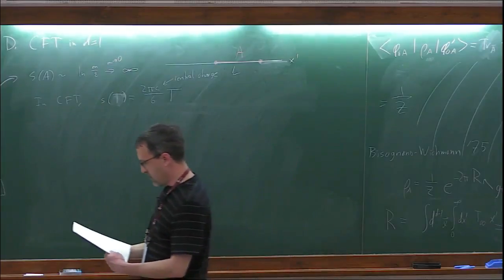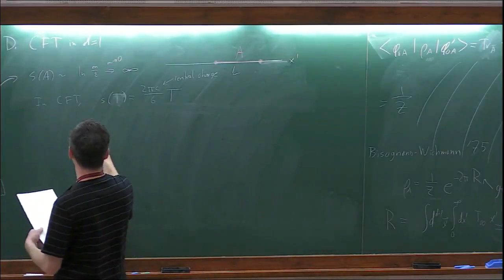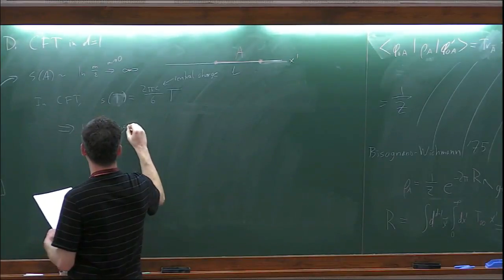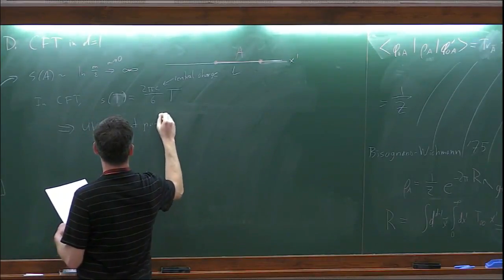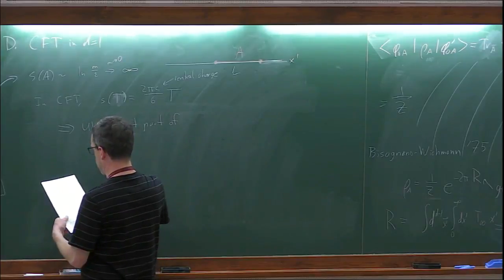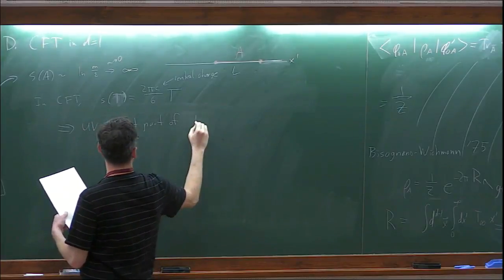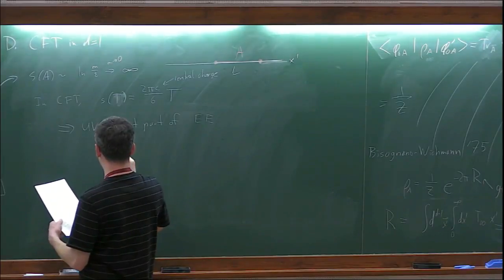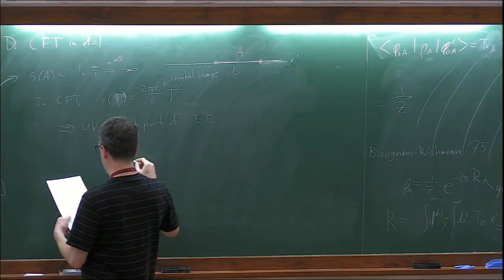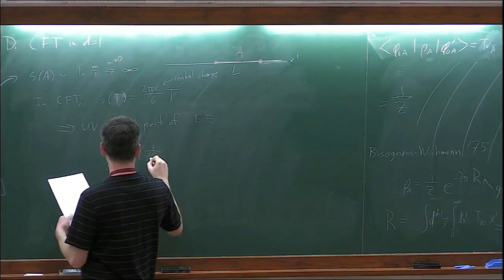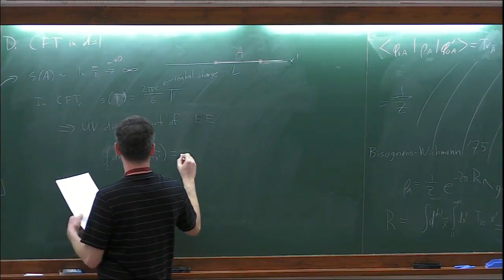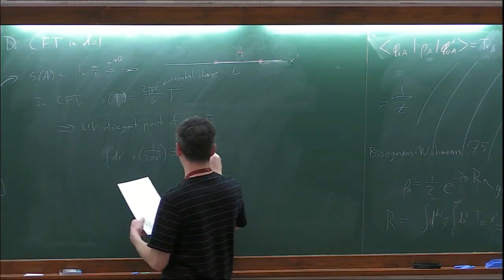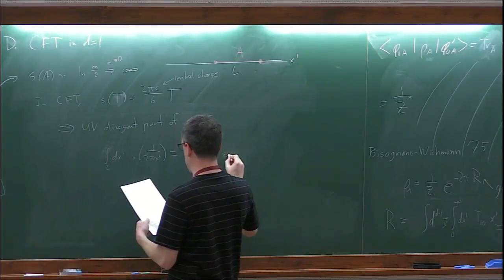So you get that at least the UV divergent part of S of A is the integral down to epsilon of dx1 s of 1 over 2 pi x1, which is, when you plug it in, minus c over 6 log epsilon.